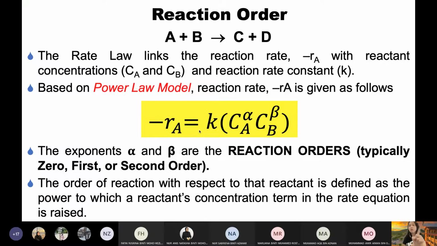Means, maksudnya first order with respect to A, zero order with respect to B. Sebab tu CB tu dah tak ada. Ataupun senario ketiga, minus RA equals to KCB. CA tu tak ada. Means first order with respect to B, zero order with respect to A. Dah tak ada CA dalam rate law tu.